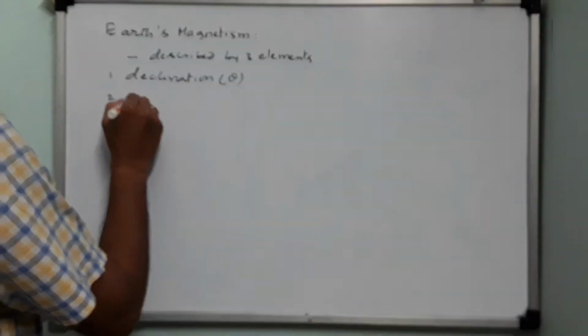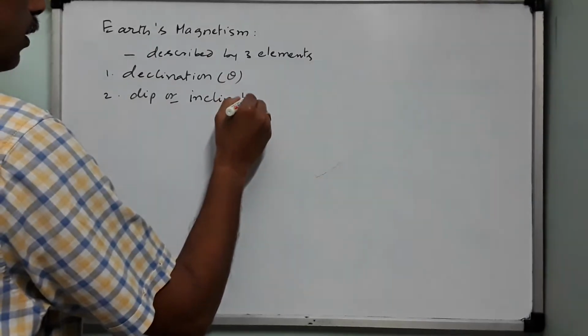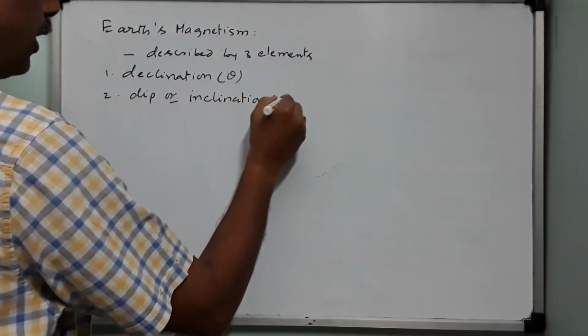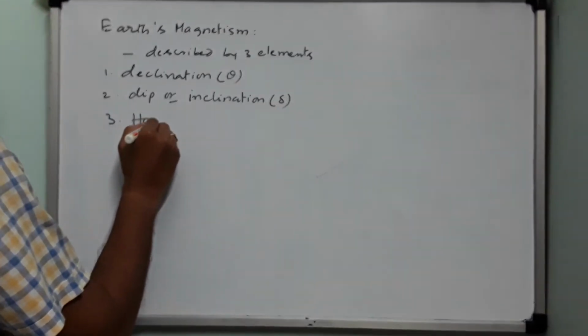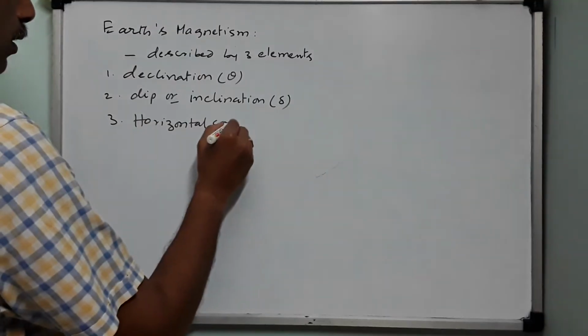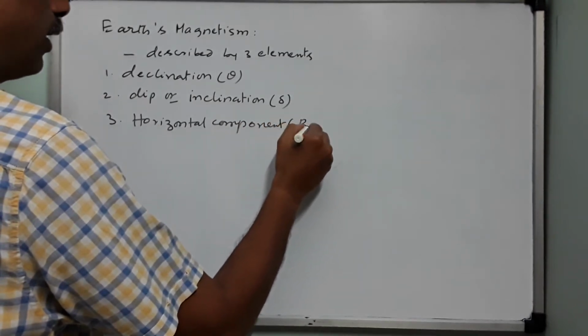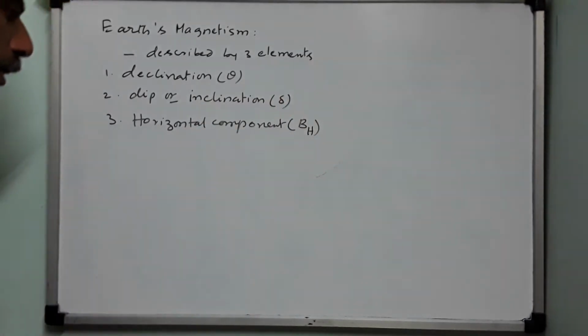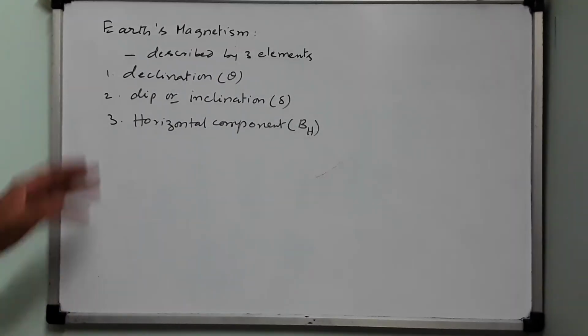Second one is dip or inclination, denoted by delta. Third one, horizontal component, denoted by BH. B stands for magnetic field, H stands for horizontal. Okay. Now one by one we will discuss.